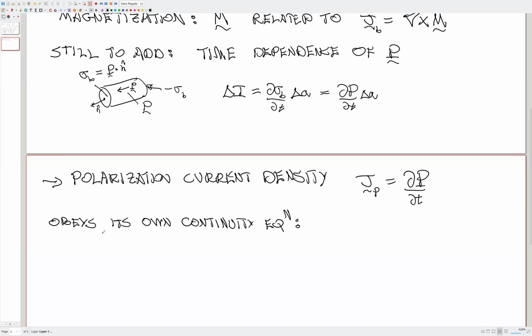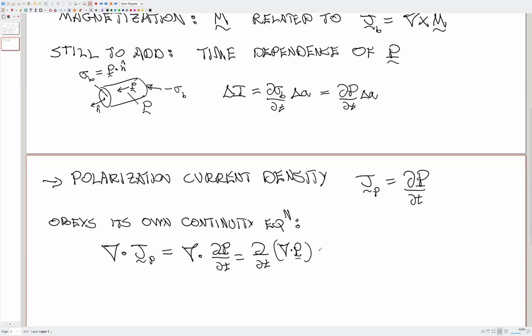Okay, so you can compute the divergence of J_P. What is this? It's just the divergence of dP/dt, which is just d/dt of the divergence of P, because I can invert the derivatives.